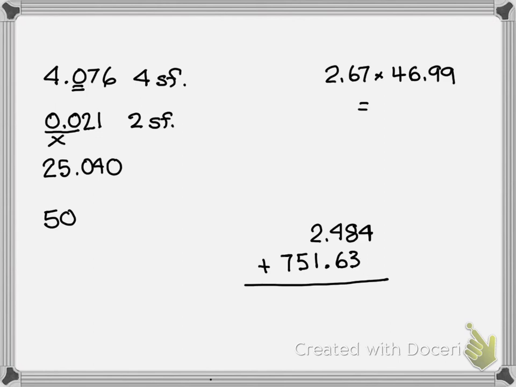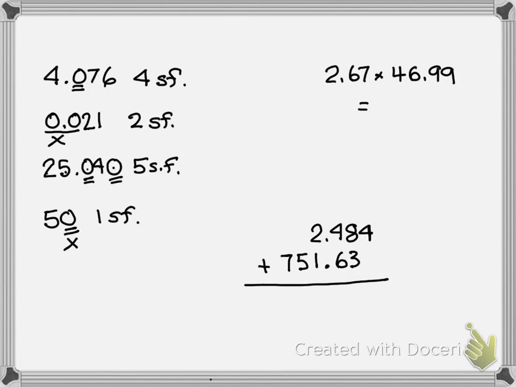Remember, anything that's not a 0 is always significant. This one is significant because it's in between, and this one is significant because it's after a non-zero digit with a decimal written. So this number has 1, 2, 3, 4, 5. And then if I just had the number 50 with no decimal place, this 0 would not count. On whole numbers with no decimal written, it doesn't count the zeros. So this just has 1 significant figure.